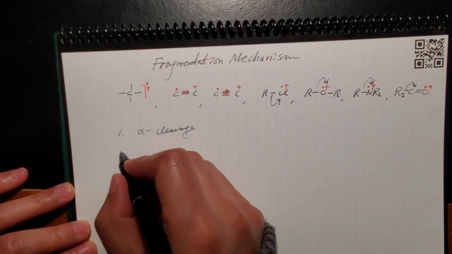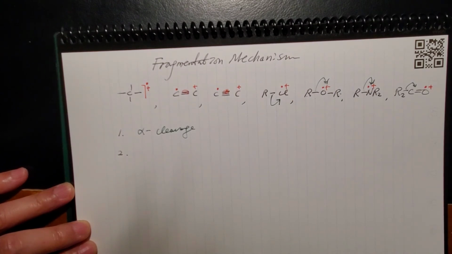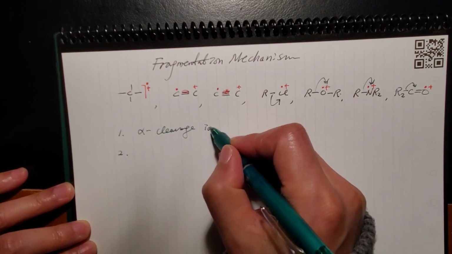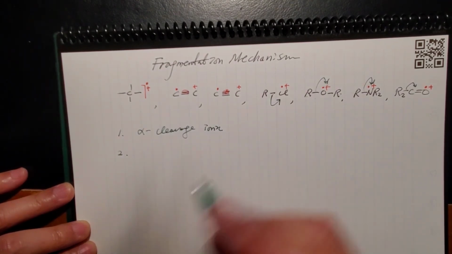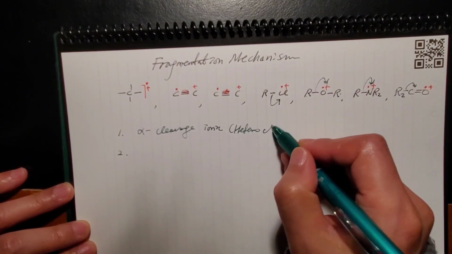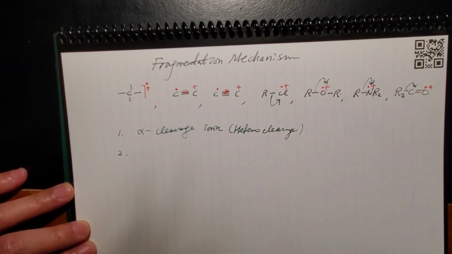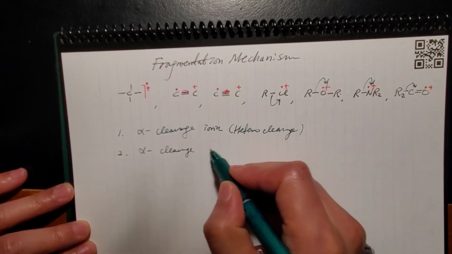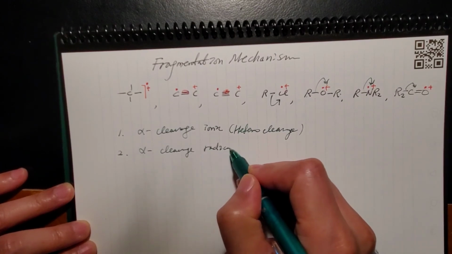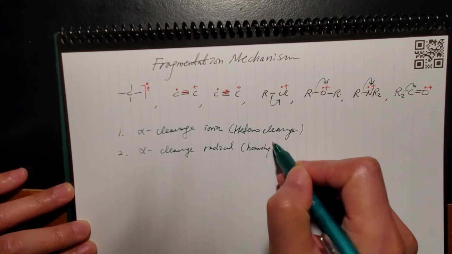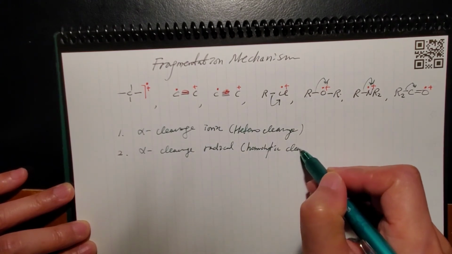Number 2, alpha cleavage in an ionic mechanism, like a heterolytic cleavage. But you can have another alpha cleavage radically, by homolytic cleavage.